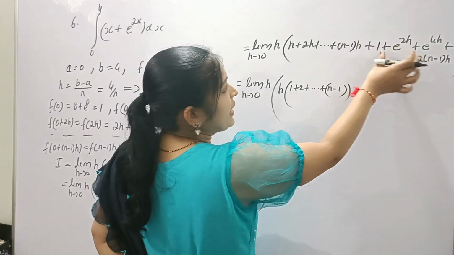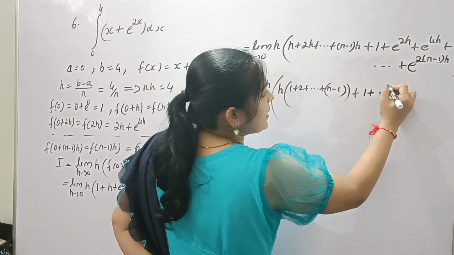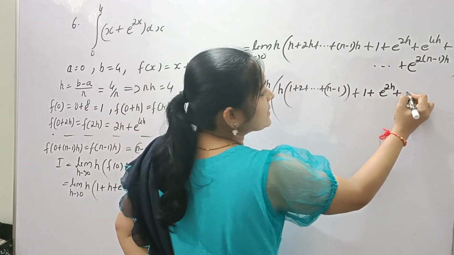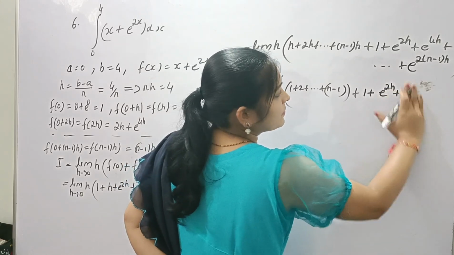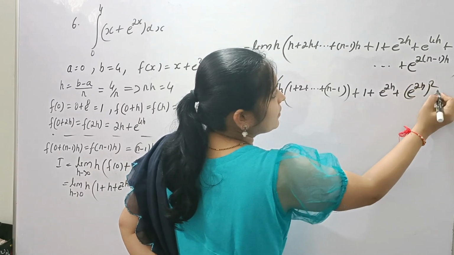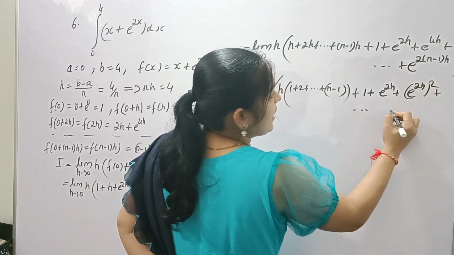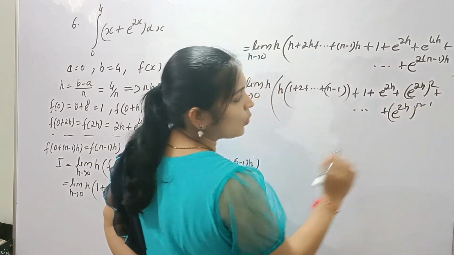I will write 1 plus e raised to 2h plus e raised to 2h whole square, plus etc. plus e raised to 2h whole raised to n minus 1.